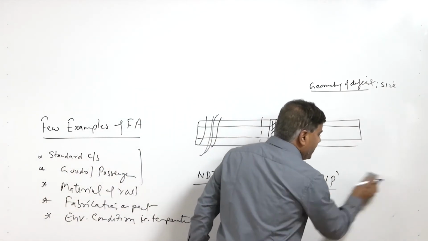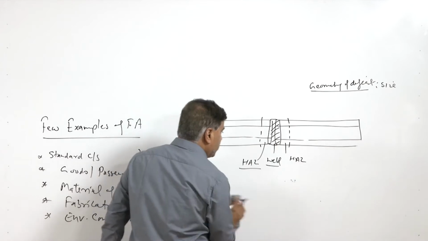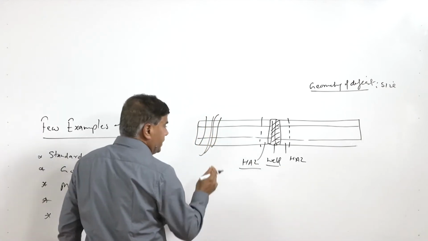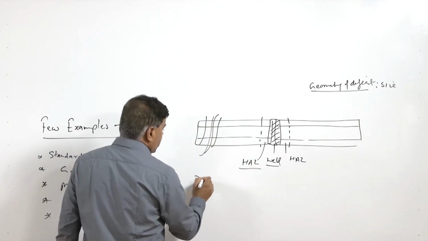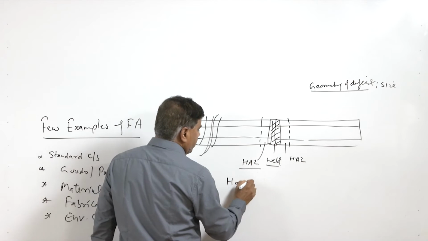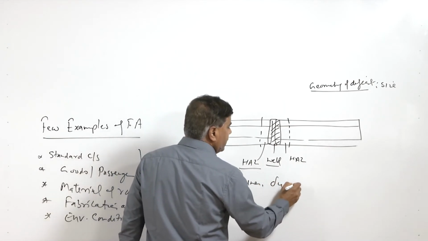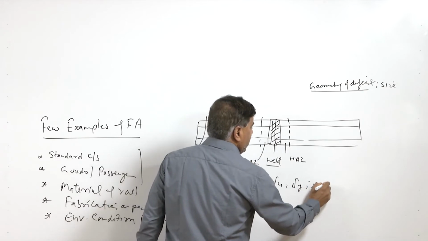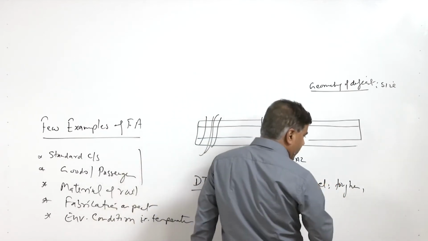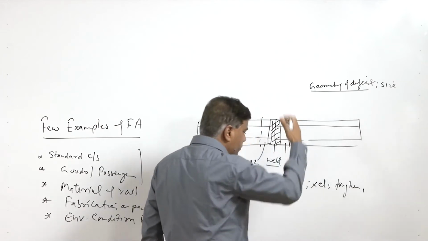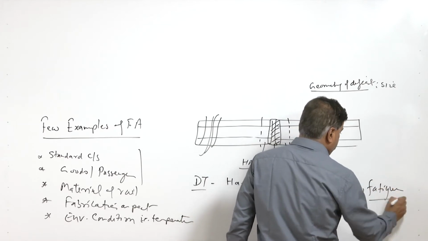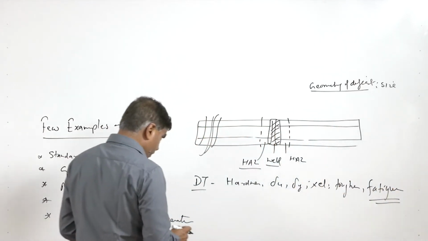After the NDT of the failed component, we would like to see the mechanical properties or the load carrying capability of the rails. So, destructive tests are conducted for that purpose, and we will try to identify the hardness test, ultimate strength, yield strength, percentage elongation, toughness, and if possible, since the rails will be subjected to fatigue loading, it will be a good idea to perform the fatigue test also, in order to see the resistance to fatigue loading.